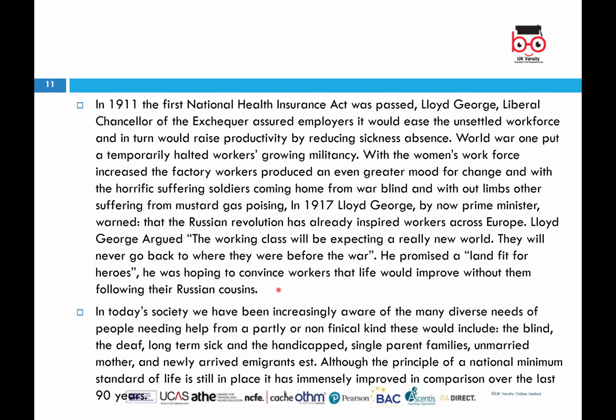If we look, there's a lot of debate about this, and you see different people having different needs. There are the blind, the deaf, the long-term sick, and the handicapped. There are single parent families, unmarried mothers, and newly arrived immigrants. Although the principle of a national minimum standard of life is still in place, it has immensely improved over the last 90 years.